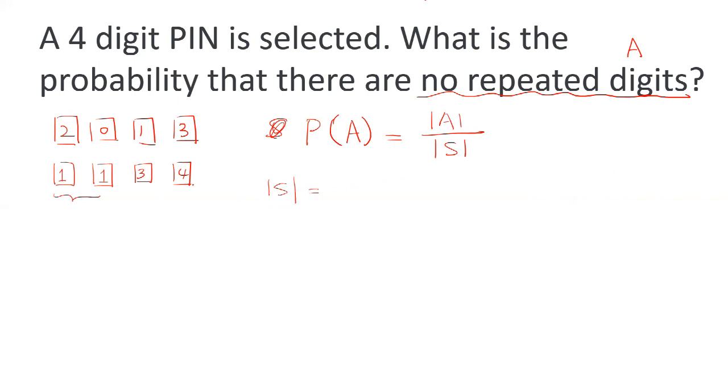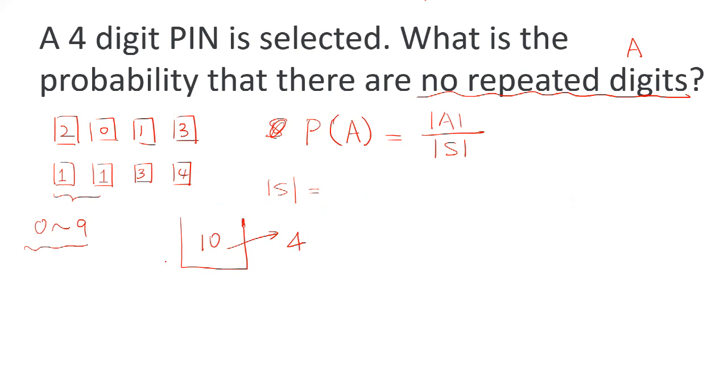So if we choose 4 digits out of 10, 0 to 9 are 10 numbers, right? 10 digits. So if we randomly choose 4 digits out of 10, how many choices do we have? We have 10 digits and we choose 4.